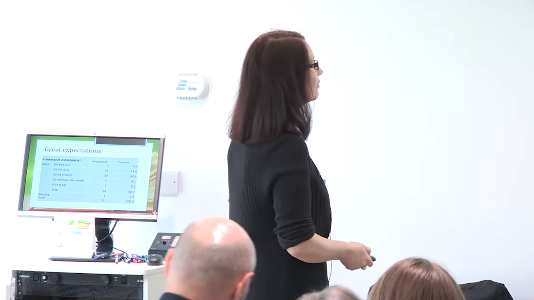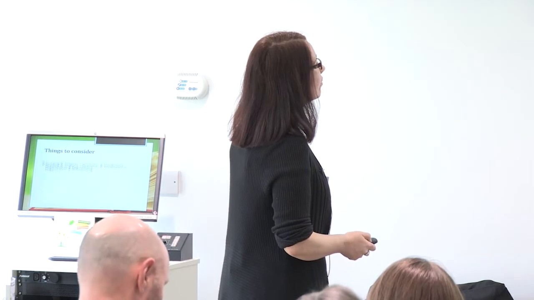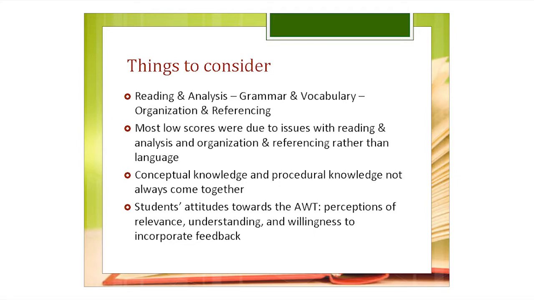Well, we have the marking criteria and the marking descriptors, right? So what I considered when marking is that the marking descriptors are available. It's reading and analysis. By reading, I mean I would like to see evidence in my students' writing that they have read the texts in their reading list, especially the secondary reading, and that they had extended a little bit.